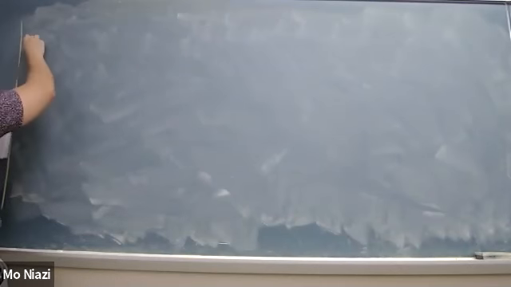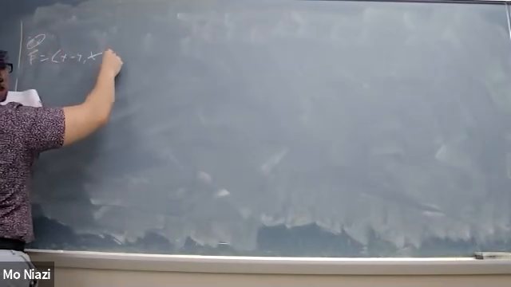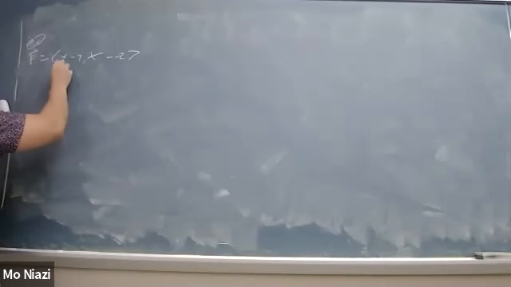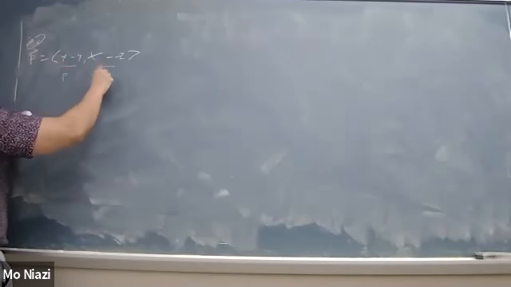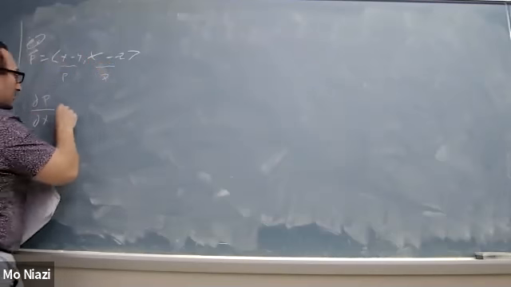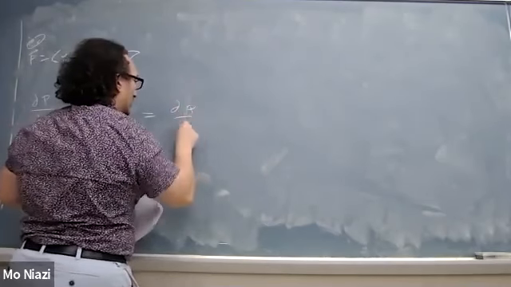So let's do some examples. What if we have this vector field like so? Is it conservative or not? Well, we could just let this be P, let this be Q. Does partial P, partial Y, whatever it equals, equal partial Q, partial X?